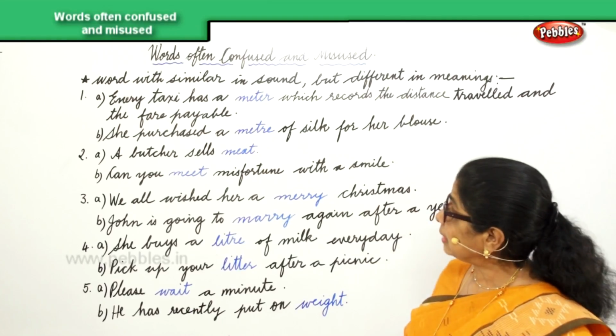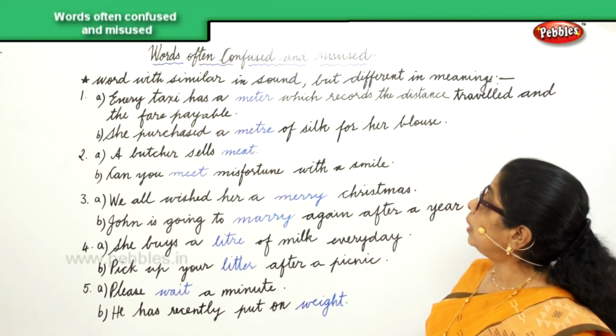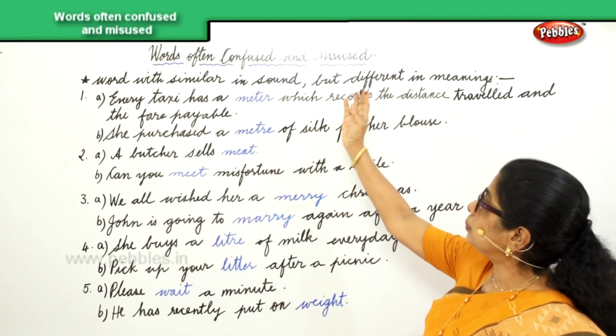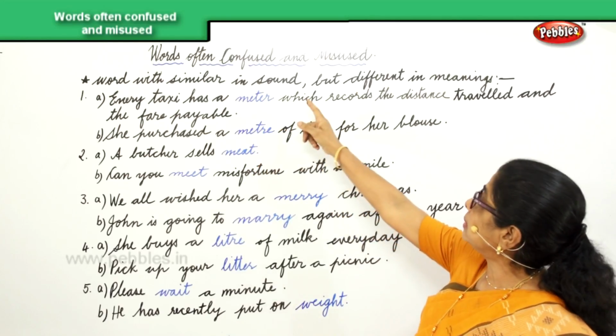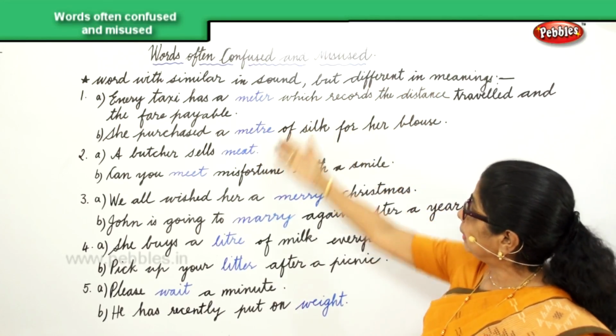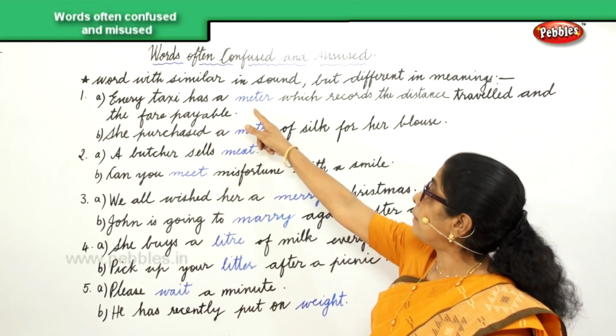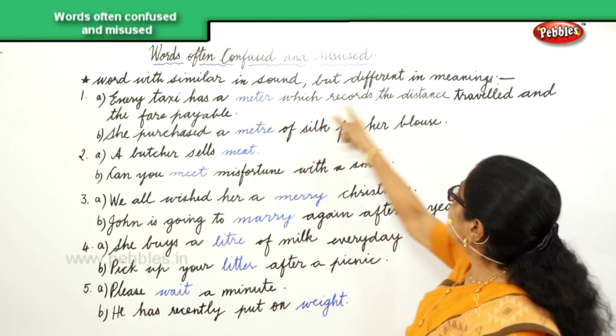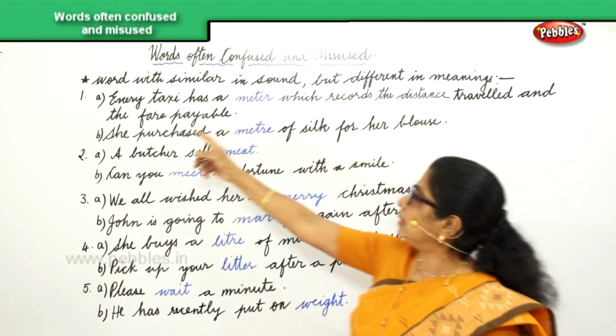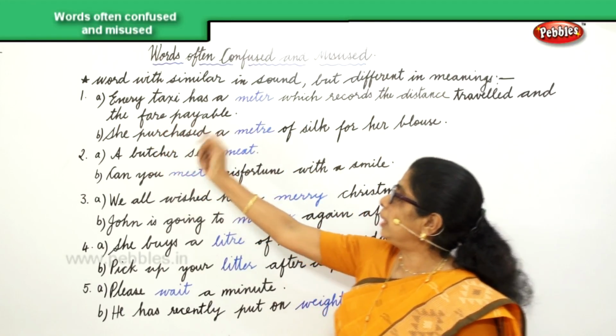I have here five sets of homophones, words often confused and misused, words with similar sound but different meaning in these sentences. Every taxi has a meter which records the distance travelled and the fare payable.